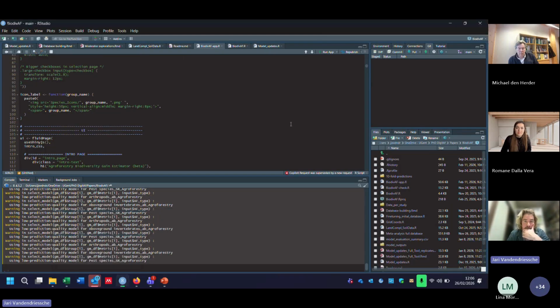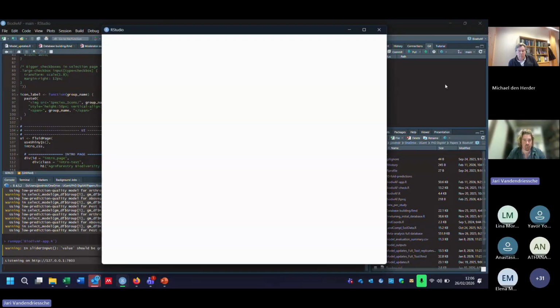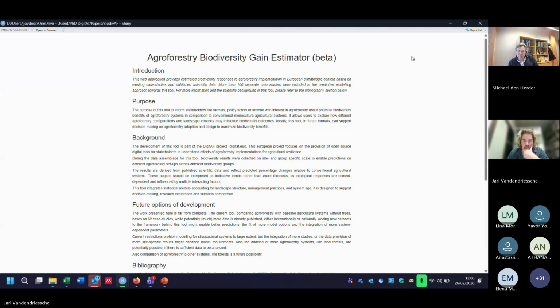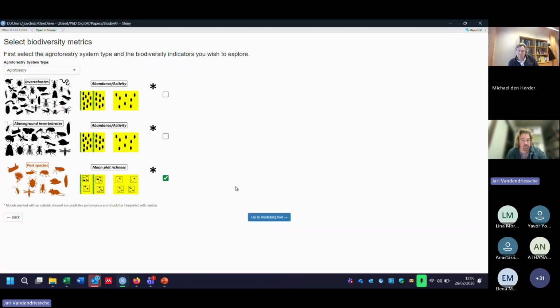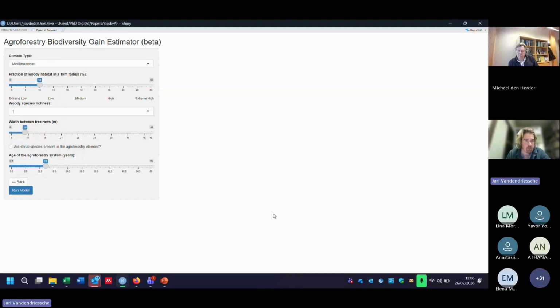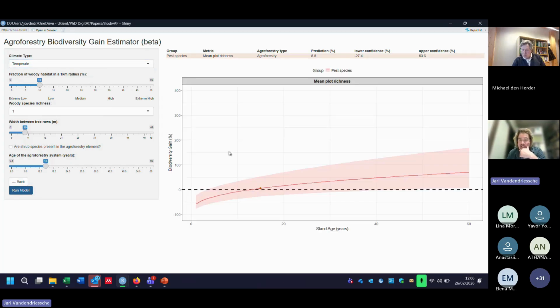I will just run the app. Hope it works. You need to give it some time. So for agroforestry and only the pest species plot, like temperate. You mean like this, Lina? Yes, exactly.